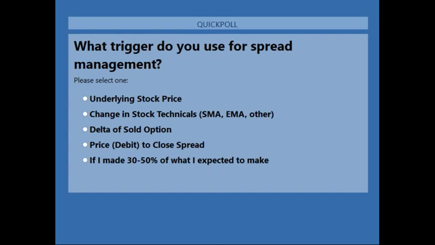Do you use maybe the delta of the sold option in the bull put spread or the bear call spread, or maybe probability? Now, do you look at the price, as I mentioned, of the debit, the liquidation value, keeping it less than 2 times or 3 times, if possible, of the net credit you received? Or do you potentially look at, if you made 30 to 50% of what you expected to make, that's when you'll close the position?